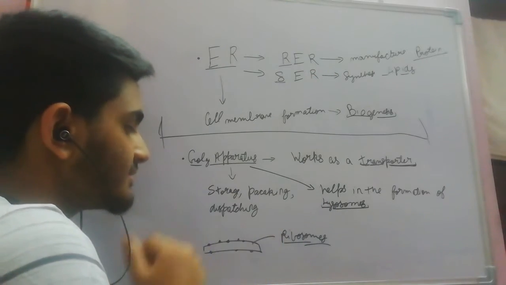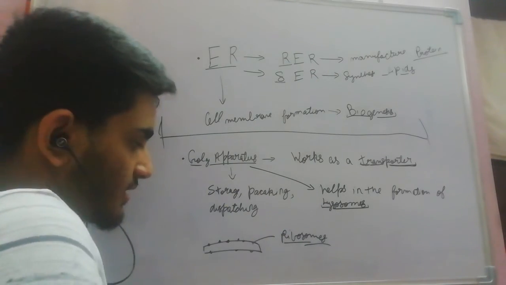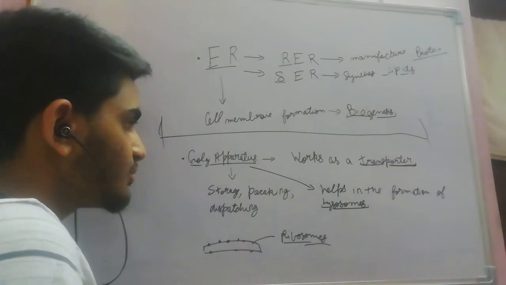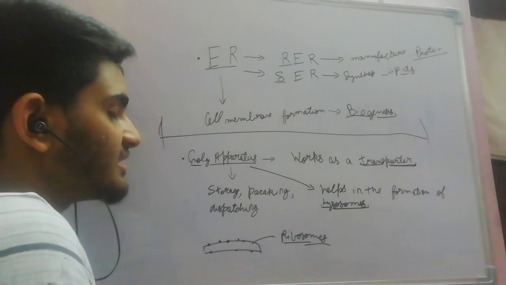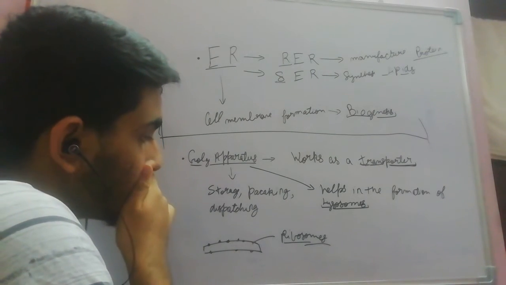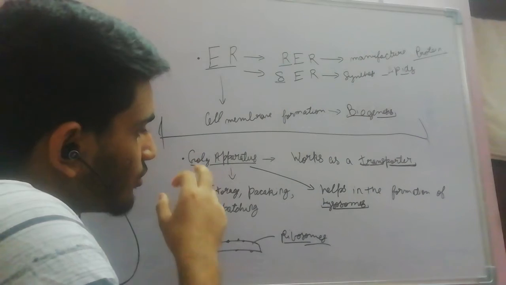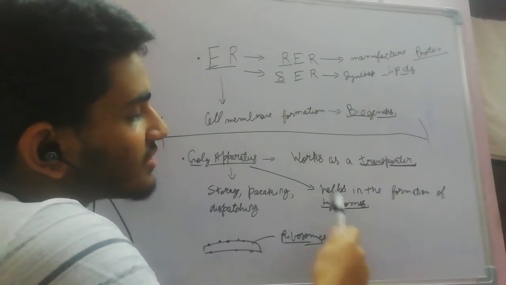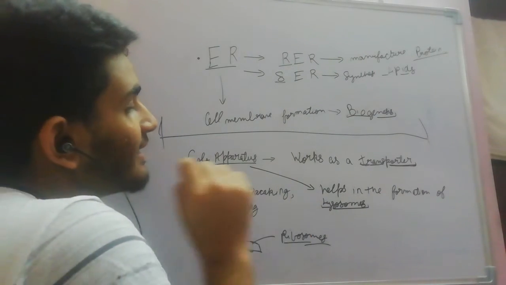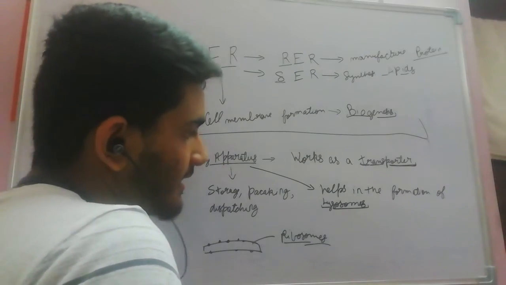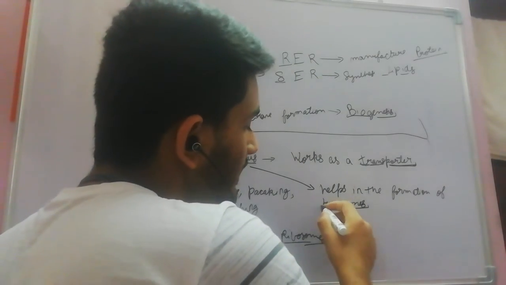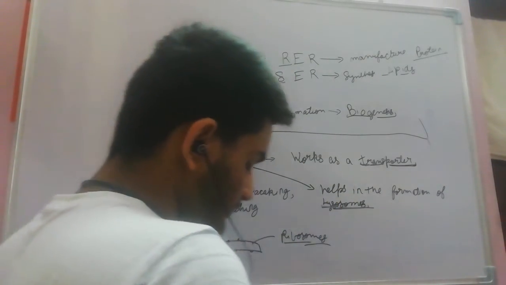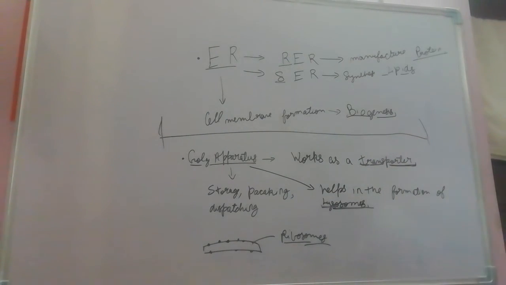The Golgi apparatus modifies it, stores it, and then transports it to the various parts of the body where they are needed. And Golgi apparatus also helps in the formation of lysosomes, which is a very important function of Golgi apparatus. It helps in the formation of lysosomes, which is our next cell organelle.